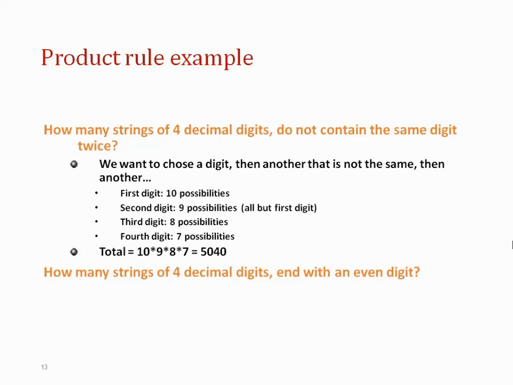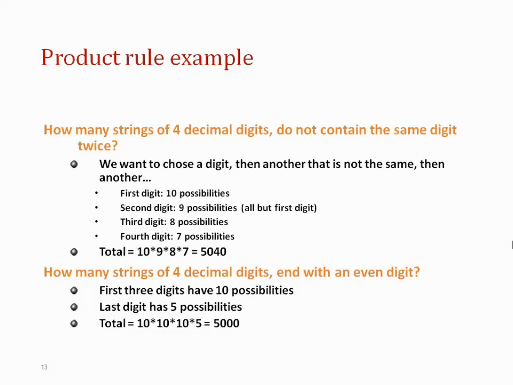Now, how many strings of 4 decimal digits end with an even digit? Even digit means, in 0 to 9, how many even digits will be there? 5 even digits will be there, 5 odd digits will be there. So the last digit is fixed, all are even digits only. So the first 3 digits have 10 possibilities each, and the last digit has 5 possibilities.